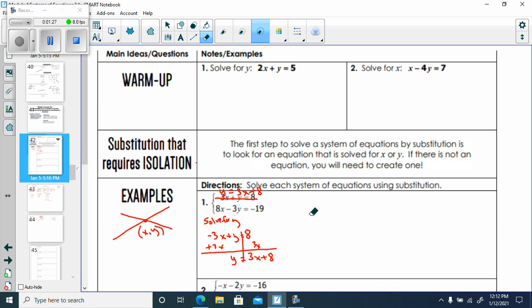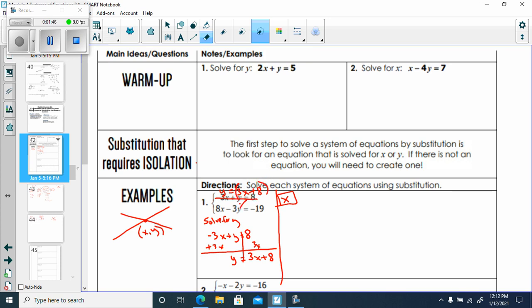Now, as I have done in the past, if I'm trying to get y or x, the first one I'm usually trying to get is x. I'm going to go after x. I take this equation here, and wherever y is, I'm going to plug in 3x plus 8.